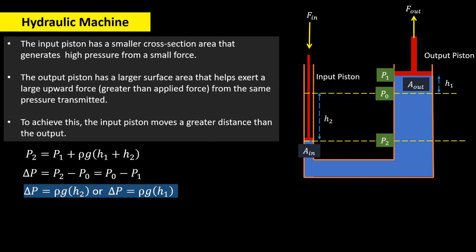So that means that delta P should be equal to rho g H2, or can we also say that delta P equals rho g H1? That will seem to be different, because H1 and H2 cannot be the same. Therefore, the values of change in pressure will be different.